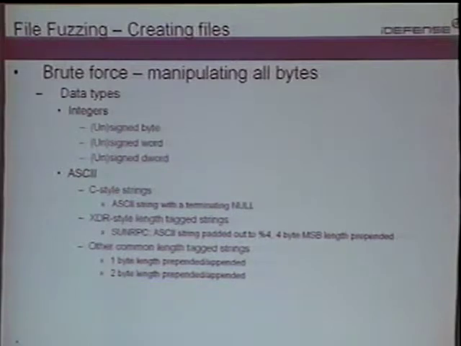Things like XDR length tag strings, which is basically just a string, and then somewhere either before it or after it, it'll have a length tag, which will just describe the length of that string. Like for example, in Sun RPC, it's just the ASCII string. It'll be padded out so that it's a multiple of 4 bytes, and then it'll have a 4-byte big endian length prepended to it. And you'll see that a lot in a lot of the Microsoft Office formats. Not that exact thing, it's probably little endian. And there's also 1-byte lengths, 2-byte lengths, things like that. You'll notice it. It's usually fairly easy to spot.